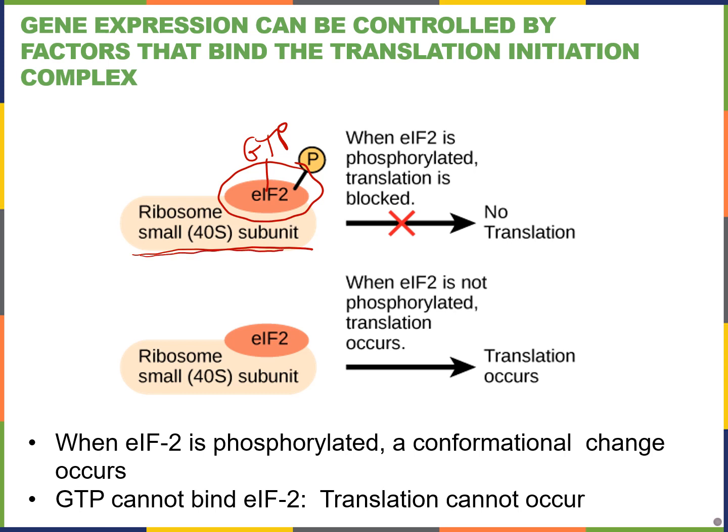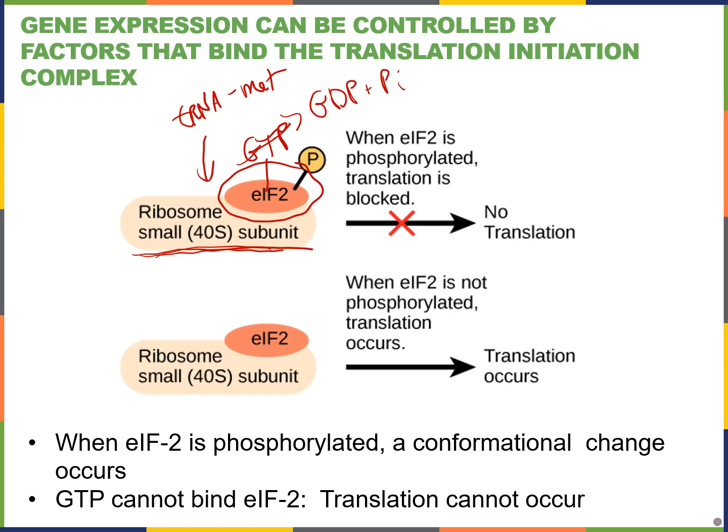The next thing that's going to happen, which is not shown here, is that the transfer RNA that's connected to methionine, remember that start codon AUG that encodes the amino acid methionine, that tRNA is going to come in and bind to this whole complex, the EIF2 and the small ribosomal subunit. The next step is when GTP is going to be hydrolyzed and converted to GDP and inorganic phosphate.